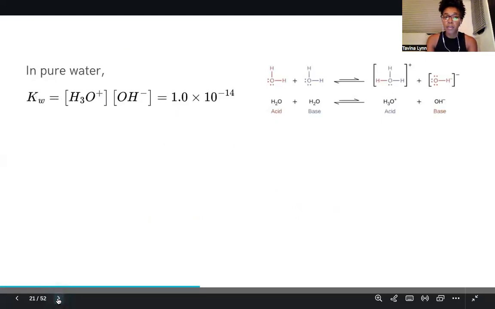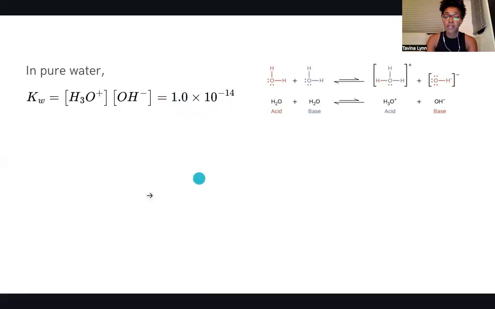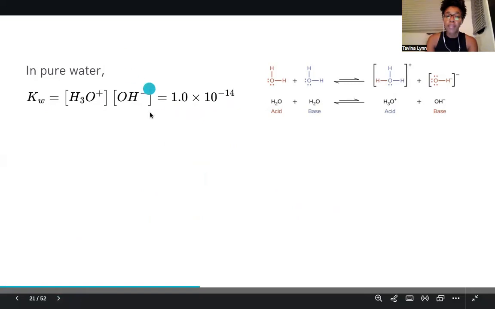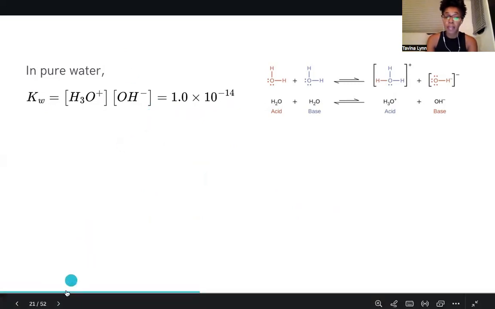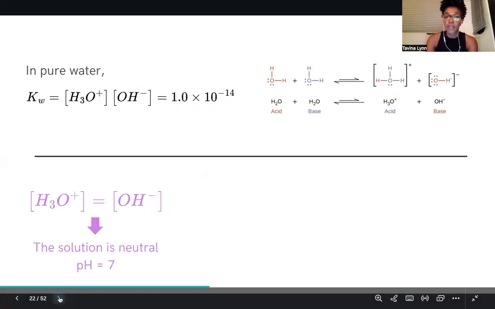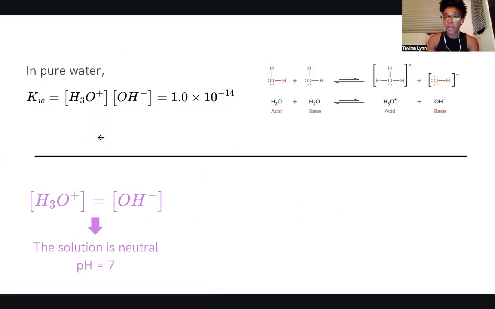So going back to pure water, where our equilibrium constant is equal to 1 times 10 to the minus 14, from this autoionization reaction, we can establish our pH scale. In neutral pure water, our hydronium ion and hydroxide ion concentrations are equal to one another.